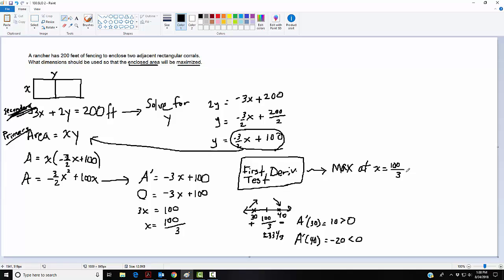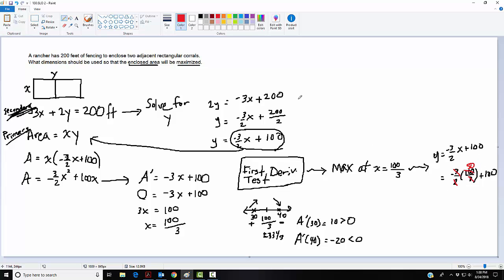All right, so once we do that, we then need to take this information and use the y that we found, which was y is negative 3 halves x plus 100. So that's negative 3 over 2 times 100/3 plus 100. The 3 cancels. The 2 goes into 100, gives you 50.